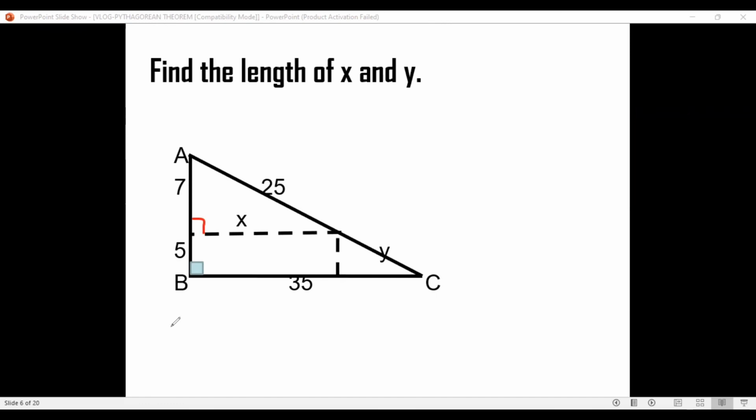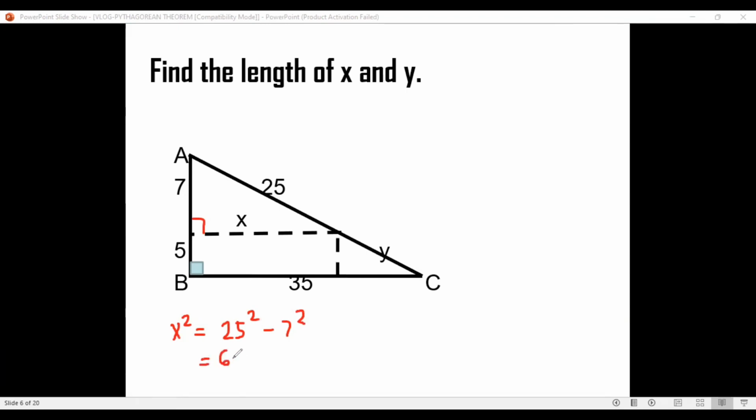So x squared is equal to, we have the hypotenuse, which is 25. So 25 raised to the second power minus 7 raised to the second power. I guess I gave you this one as an example a while ago.